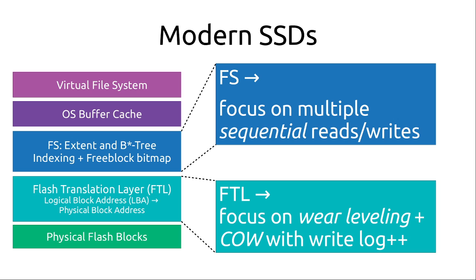So we have a cache that essentially gives us cached data. We have the file system that is often extent-based and some version of B-tree based. It has indexing. It tracks free blocks within the medium as a bitmap or as something else. And this is often a file system that is focused on maintaining sequential reads and writes.